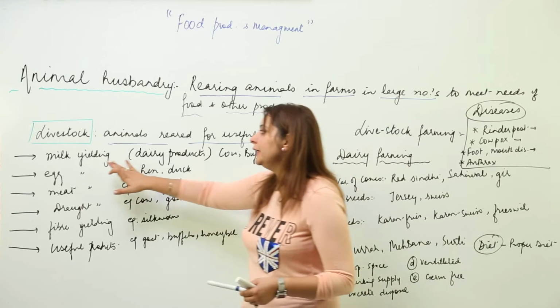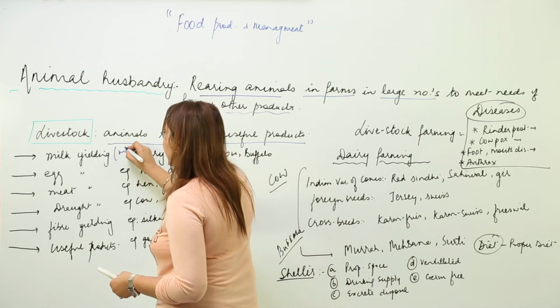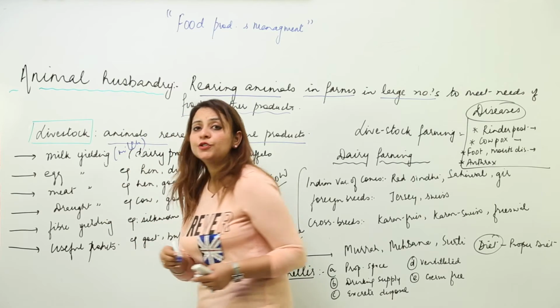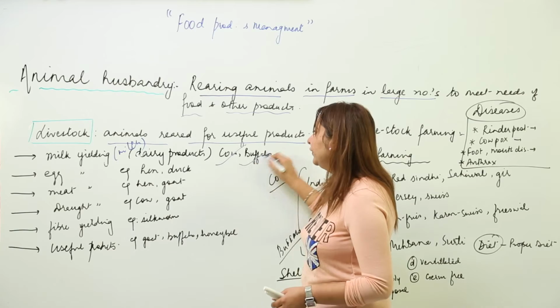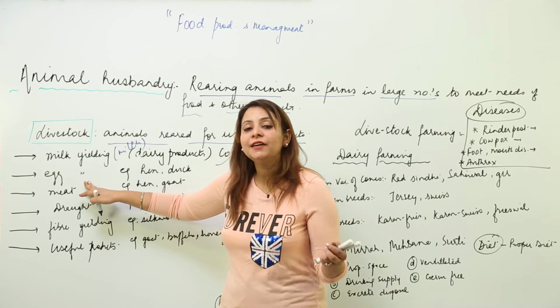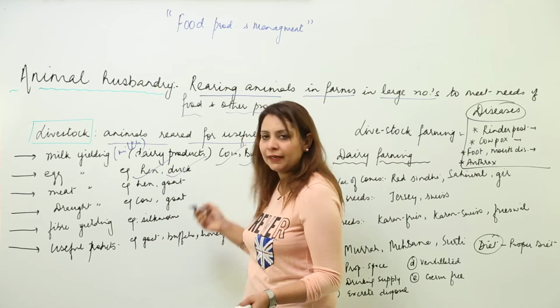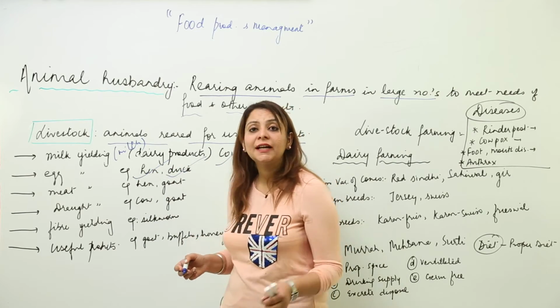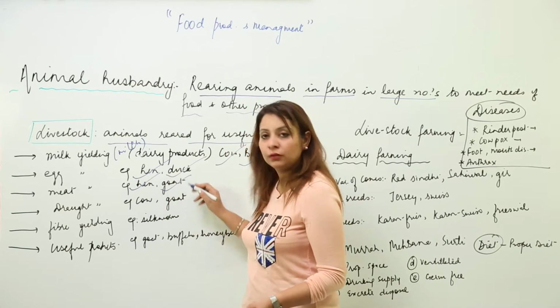We have milk yielding animals, also called milch animals, which give milk or dairy products, like cow and buffaloes. We have egg yielding animals, as the name suggests, they lay eggs, that is hen, duck, etc. There are meat yielding animals, they give meat, for example hen, goat.